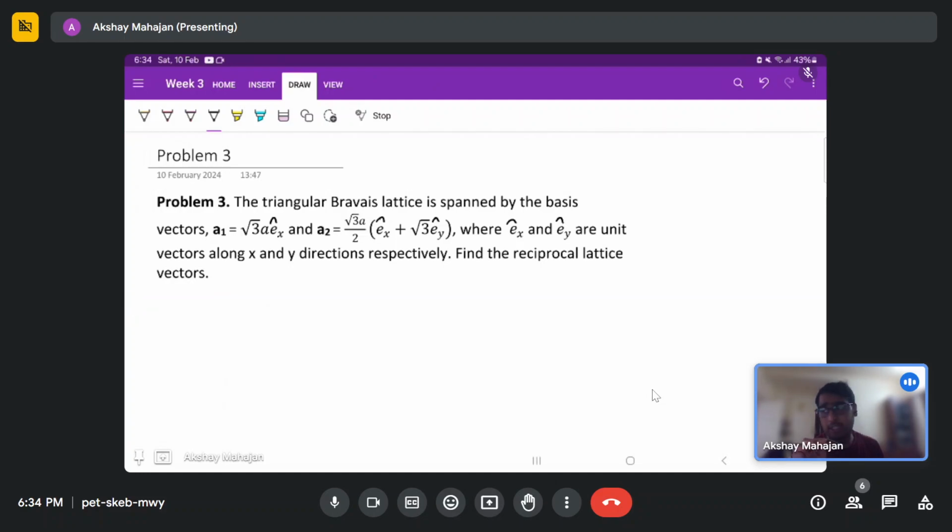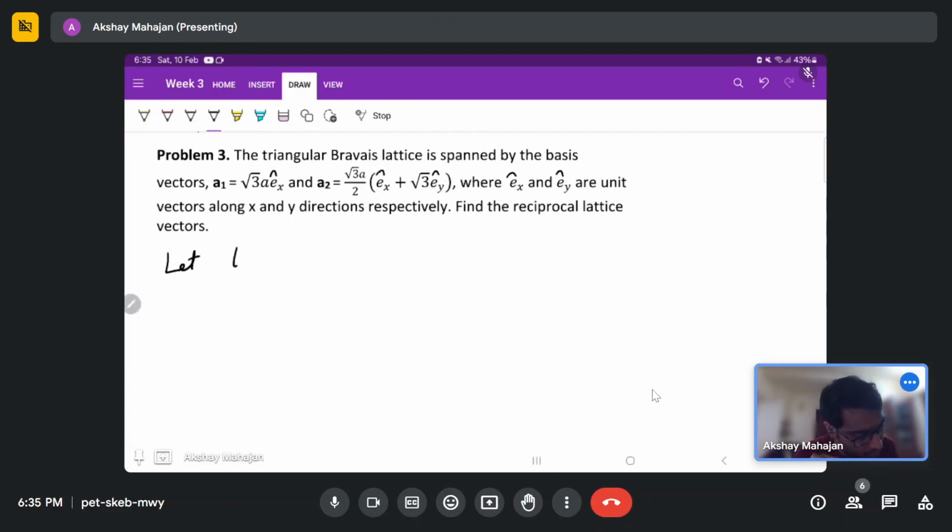Find the reciprocal lattice vectors. Alright, so let b1 and b2 vectors be the reciprocal lattice vectors.